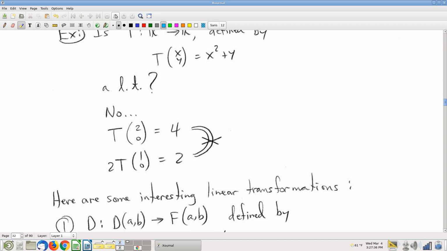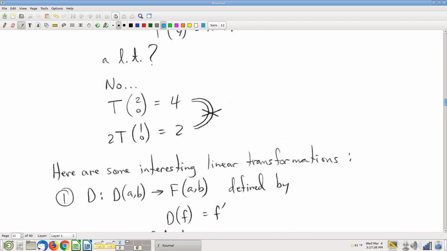So here we go. Okay, first, this function here, the differentiation function, I'm going to represent with capital D. Side note, we're going to be doing a lot with this function. This is not just an arbitrary example. We're going to do tons of things with D. So look out for it in the future.